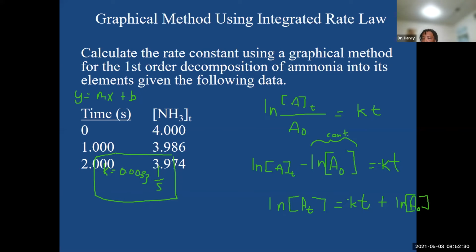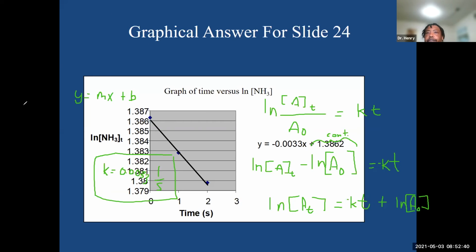Okay, so this is just basically showing you the same thing that I did, and then here's the actual graph. Okay, questions, concerns? No questions?